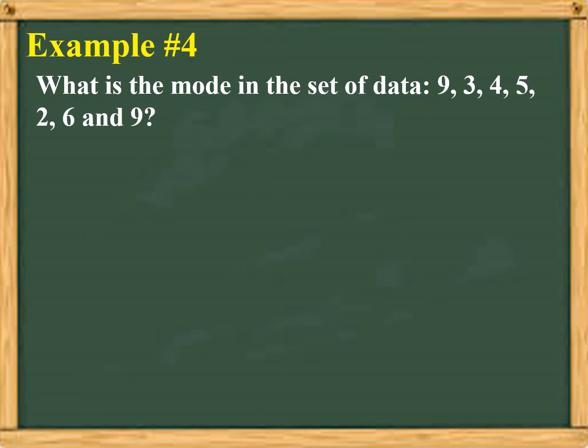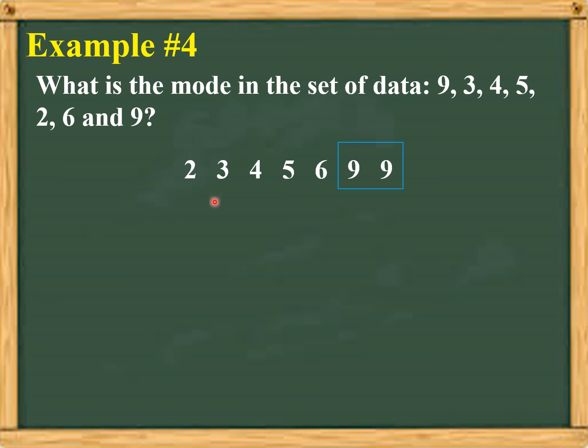Let's have now example number 4. What is the mode in the set of data 9, 3, 4, 5, 2, 6, and 9? When it comes to mode, we need to find the most frequent score or data. So, we will arrange them from lowest to highest so that we can group together the same data. So we have 2, 3, 4, 5, 6, 9, 9.